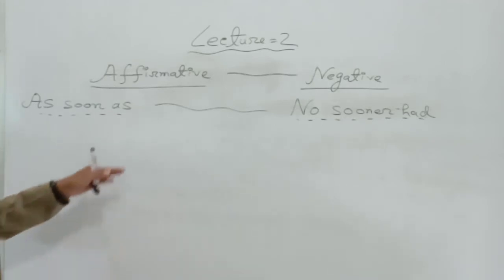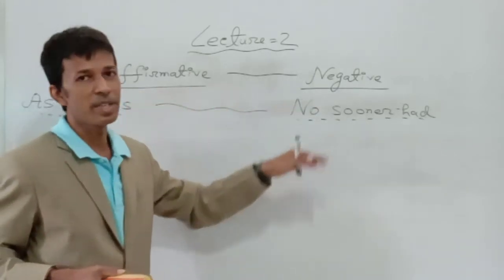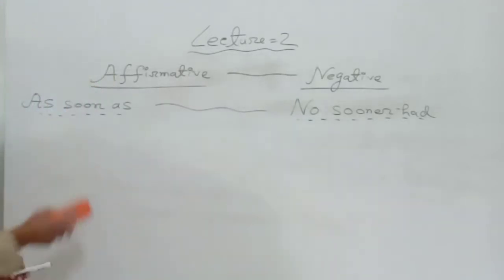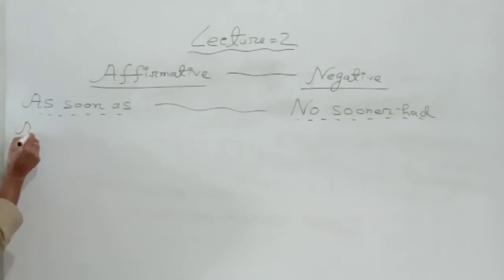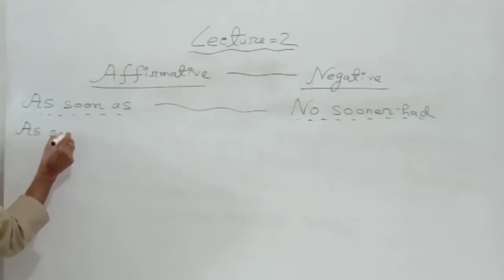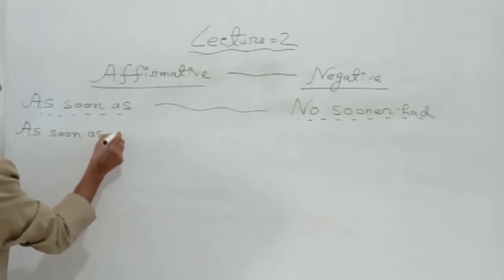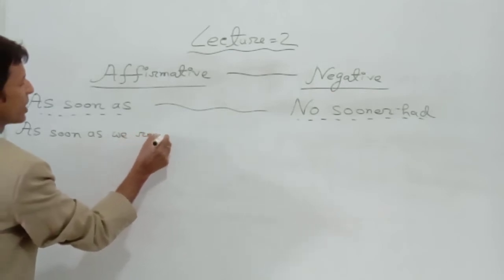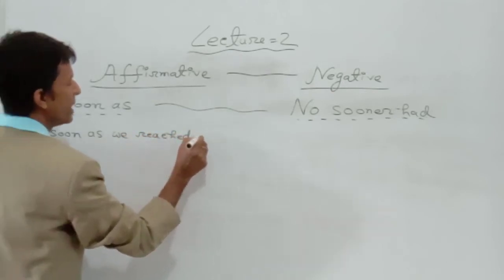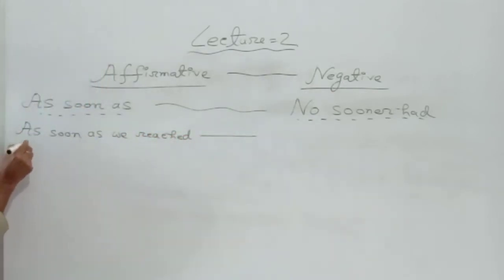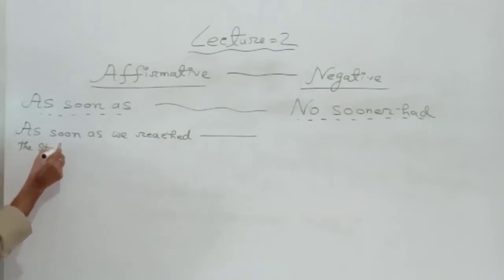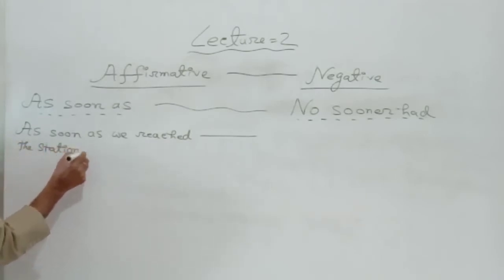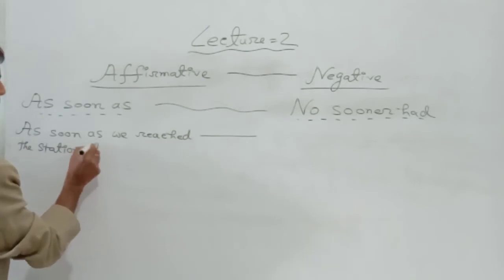But today I am only discussing affirmative and negative sentences. Now look at the example. As soon as we reached the station, the train left.